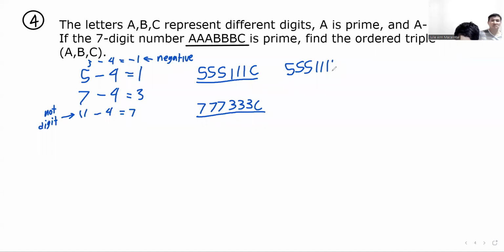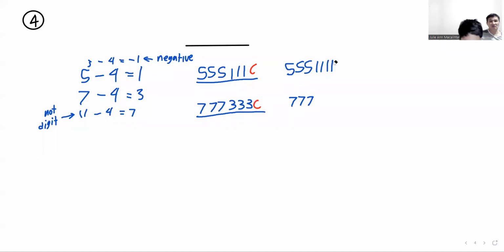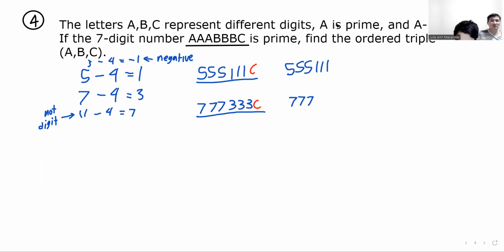This is the only prime that exists with C as a digit. And for the second one, you can use red for C, so your viewers will be able to follow your solution easier. There also exists one prime that has a digit for C and is still prime.